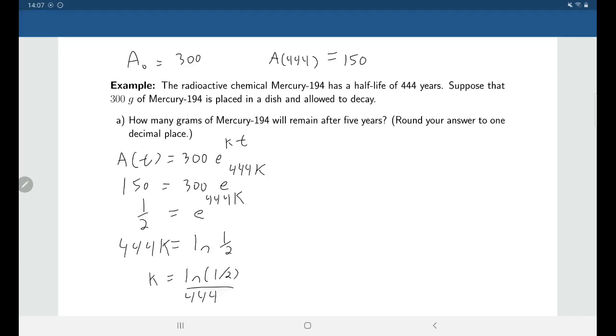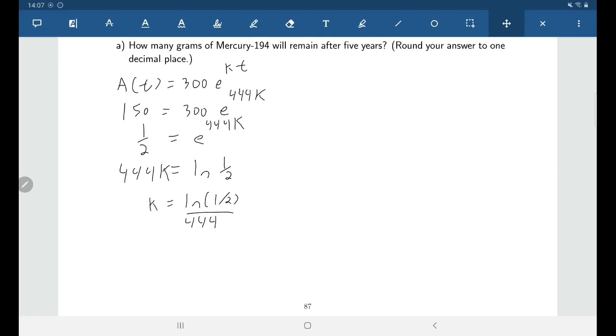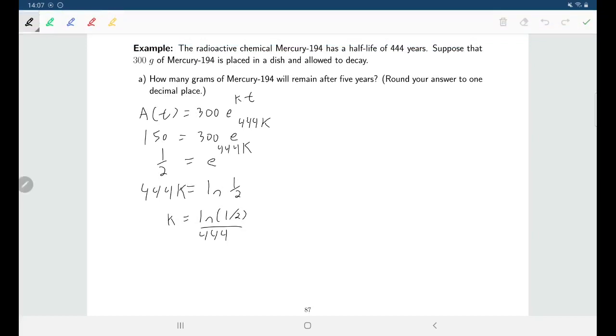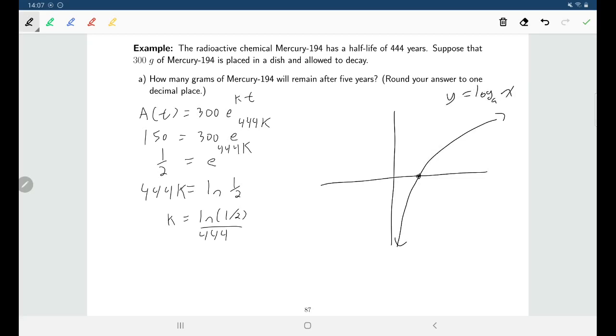I'm just going to talk here for a minute before we finish the problem, and this is about the decay constant itself. Remember that decay constants are supposed to be negative, and so if you're looking at this, you might be worried because this might not look like a negative number, but we need to remember that for any log function, the x-intercept is the point (1, 0).